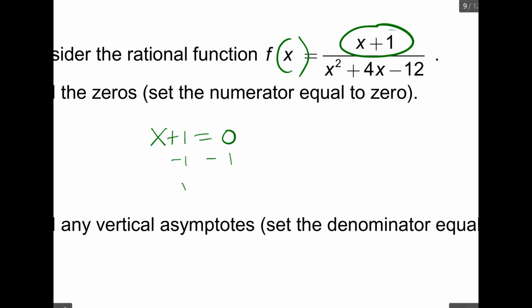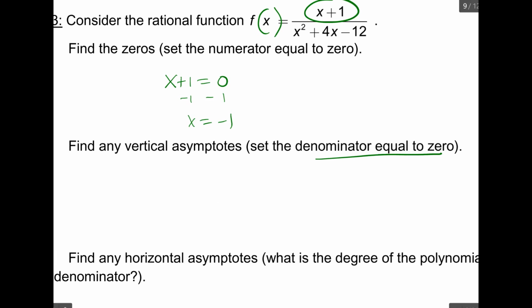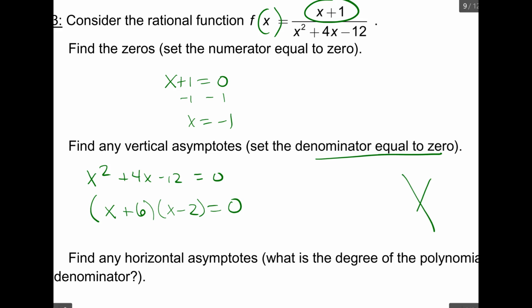You said subtract 1. So now you're going to set the denominator equal to 0, but in order to do that, you make a factor. So you would make this one x plus 6, x minus 2, and then x cannot equal negative 6, and it cannot equal positive 2.